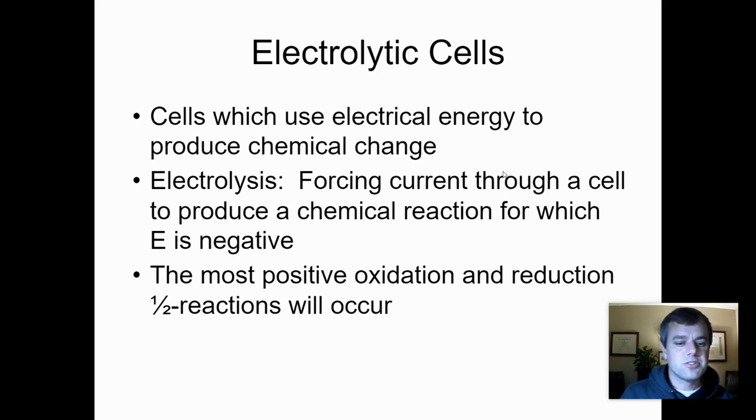So if you had a mixture of things present, typically the thing that is most easily oxidized and most easily reduced, those will be the reactions that happen. We'll actually do a lab experiment with this where you'll do some electrolysis. I'll explain some of this in more detail with actual examples tomorrow.